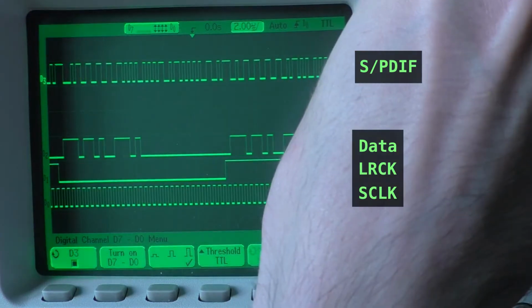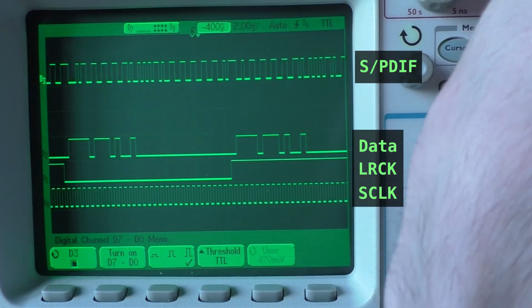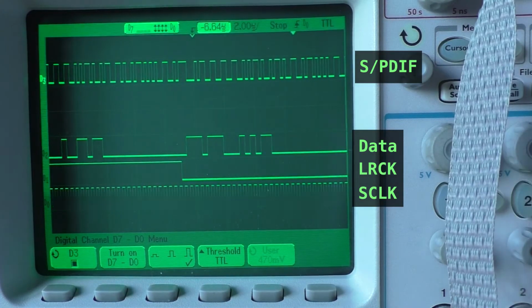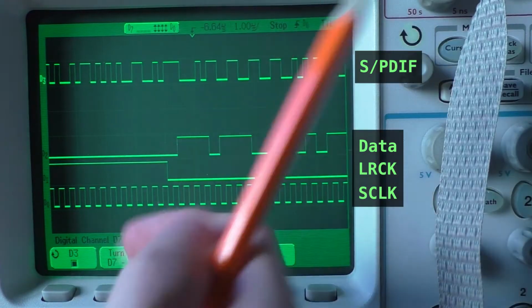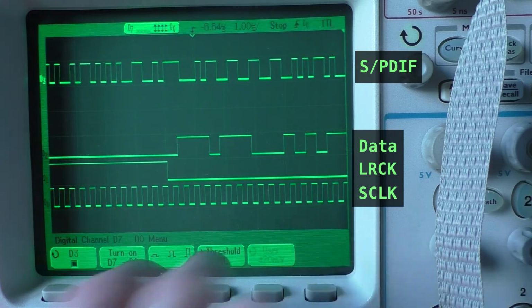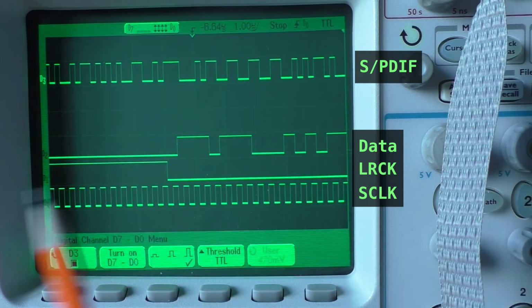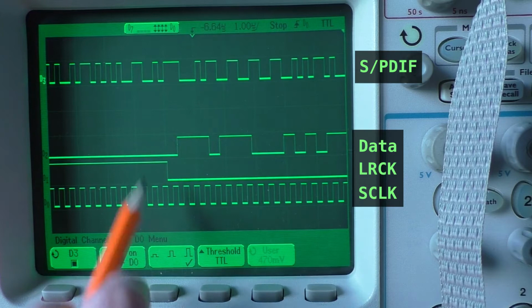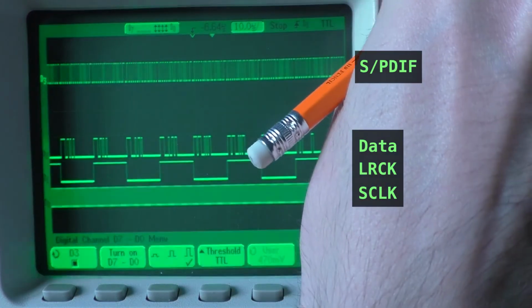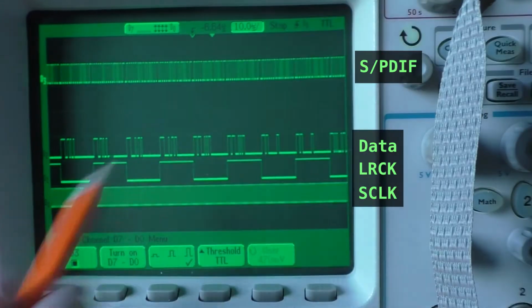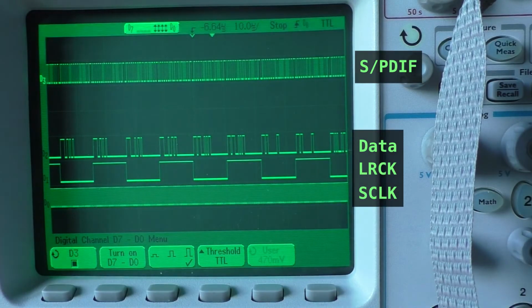Basically, if you take a closer look here, you've got your sample clock down here, and then the data is simply clocked by the sample clock, and the left and right channel alternates every other sample.